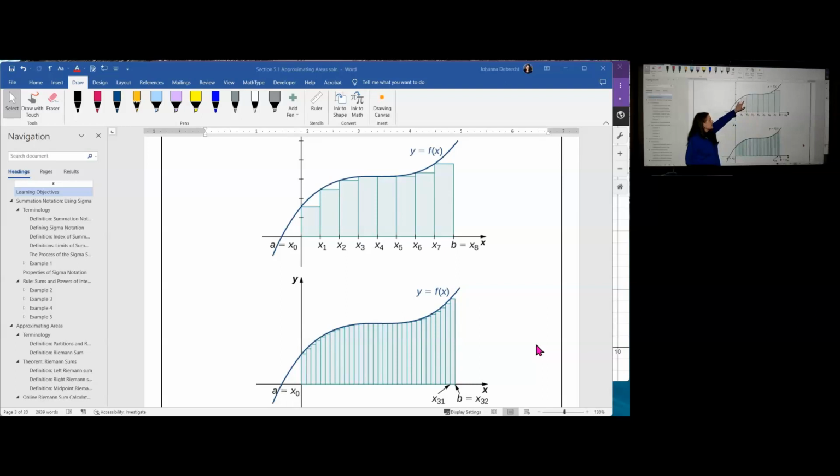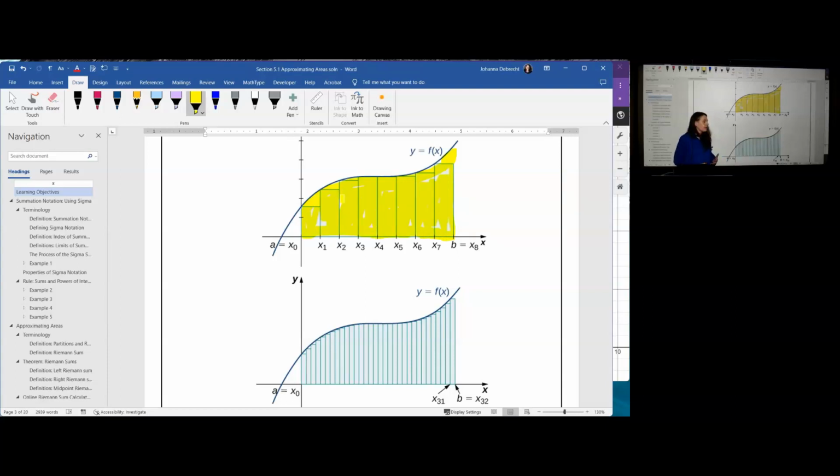We can clearly see in the first picture that there is a section of area that is under the curve that is not inside the rectangle. And this is an error in approximating the area under the function. When we talk about the area under the function, we're talking about the region that I'm shading now, which would be all of this area right up to the value of the function and going straight across.